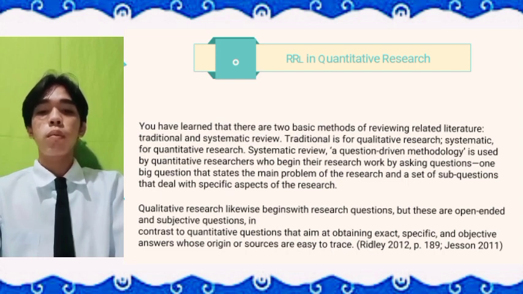Two basic methods of reviewing related literature. The first one, traditional, is for qualitative research. Systematic is for quantitative research.